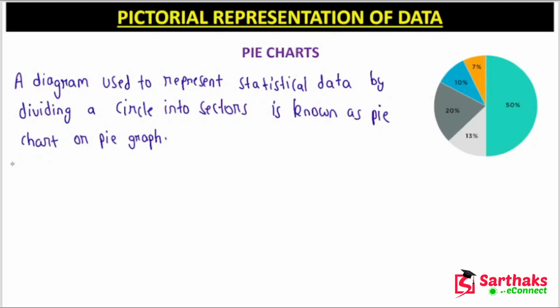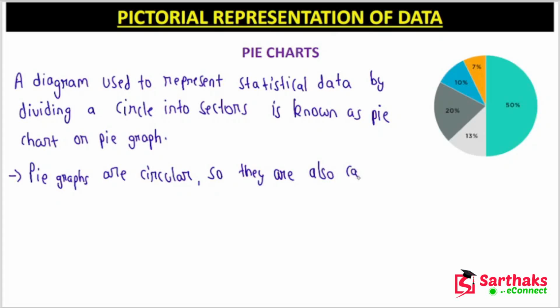So pie graphs are circular, so they are also called circle graphs, right? So this is another name. So if someday questions come that say draw a circle graph, don't get confused. They are just asking to draw a pie chart or a pie graph, simple pie chart.